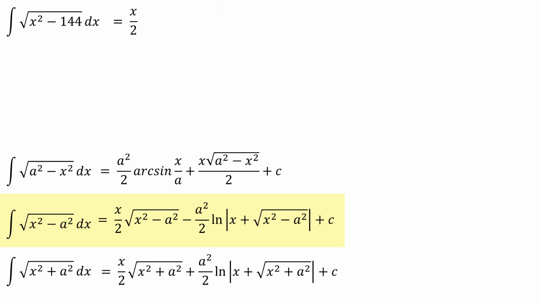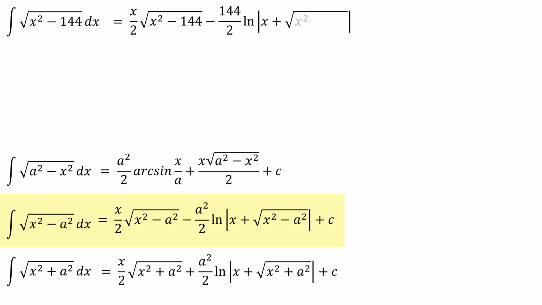All right, so that x over 2 won't change. I've got that square root. But instead of x squared minus a squared, I need x squared minus 144, because that's my a squared. And then I need my subtract. A squared over 2 will be 144 over 2. Then I need my natural log. Inside the natural log, the x will stay the same. The plus sign will stay the same.